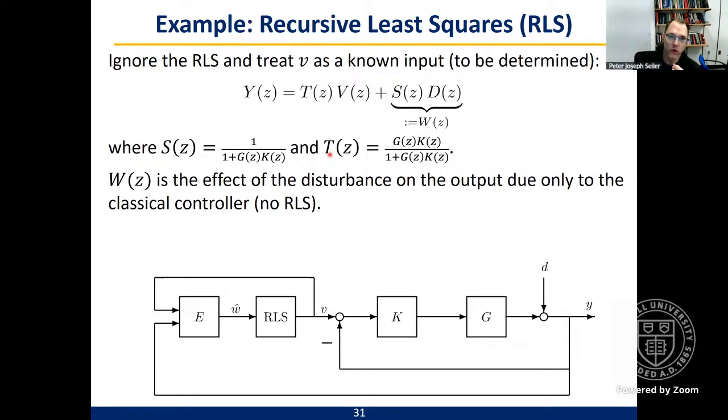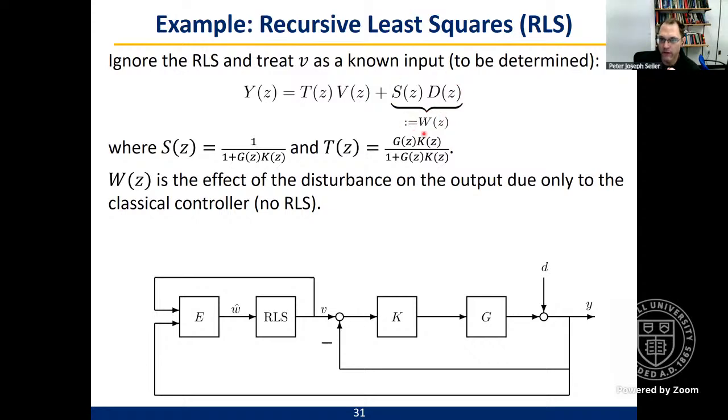So how does this work? Well, let's think a little bit more about this. If I, for a moment, don't worry about this input, then the transfer function from D to Y we said is the sensitivity. So the effect of the disturbance on the output after I close this first loop will just be the sensitivity multiplied by D. I'll call that signal W. This is all in the Z domain.